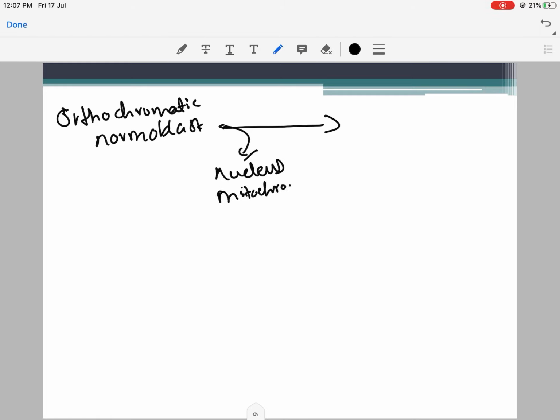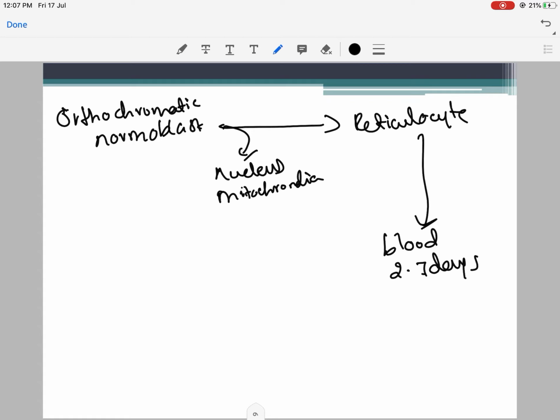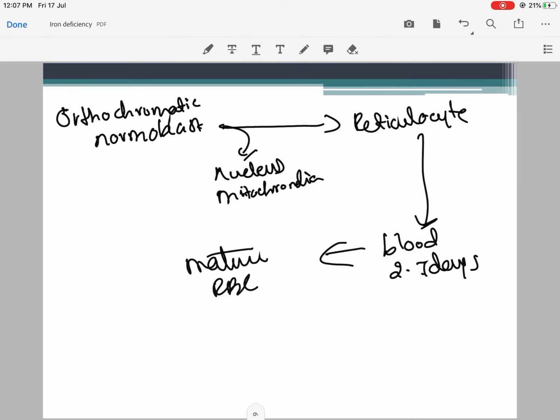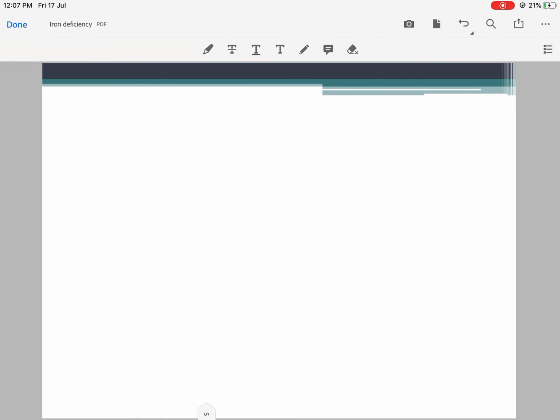It forms a reticulocyte. Now this reticulocyte reaches the blood. In 2 to 7 days, it forms mature RBC. These are the steps in erythropoiesis.